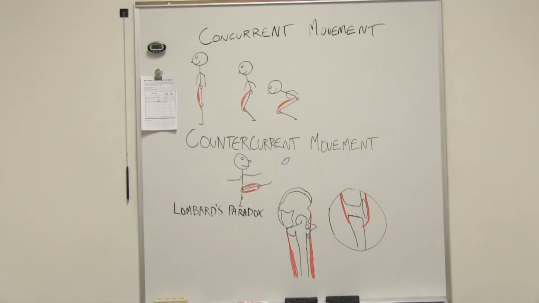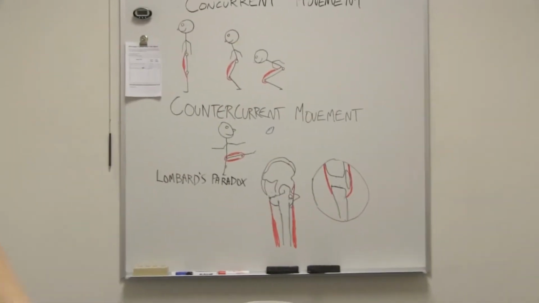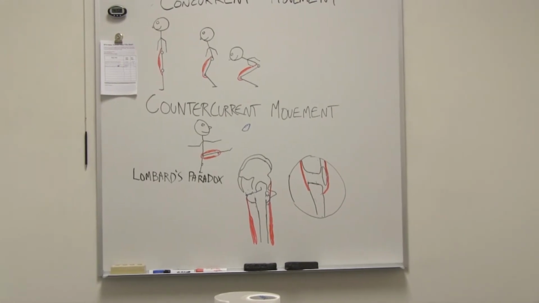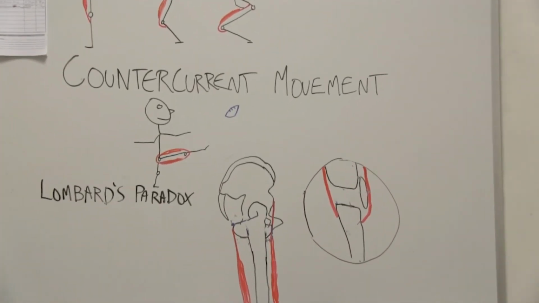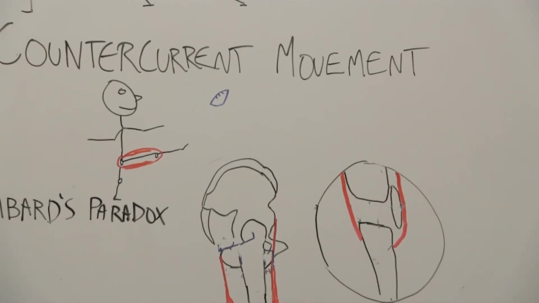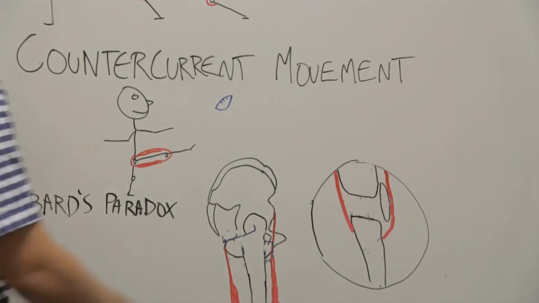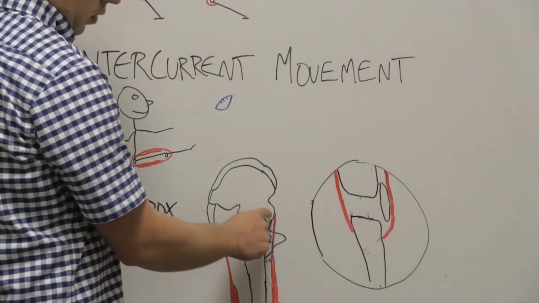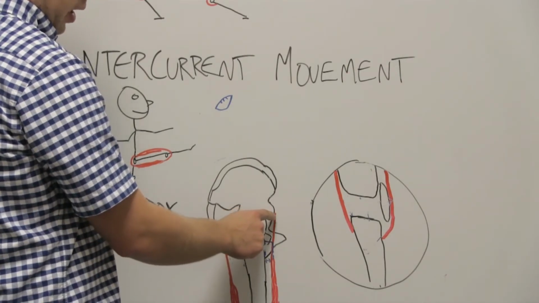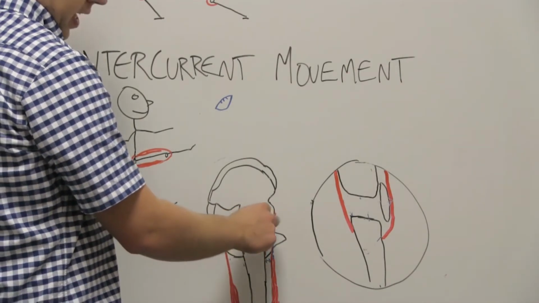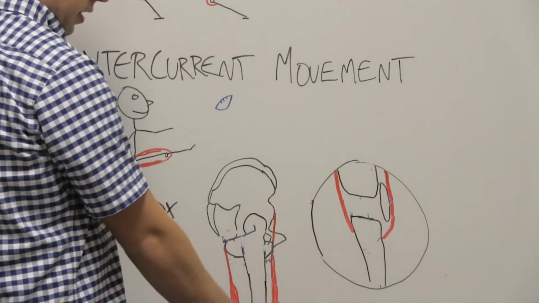So I'm going to zoom in on those drawings. Here we have the origin of your rectus femoris muscle. It is on your anterior inferior iliac spine, and it's going down and connecting to your patellar tendon in the front.